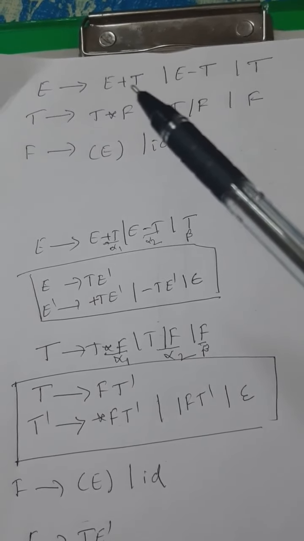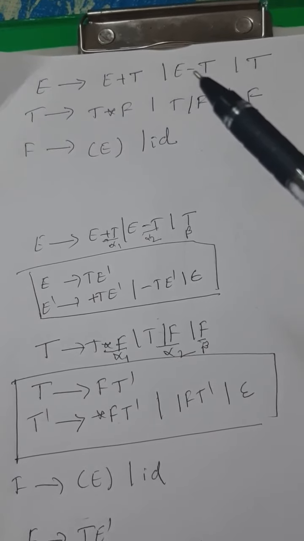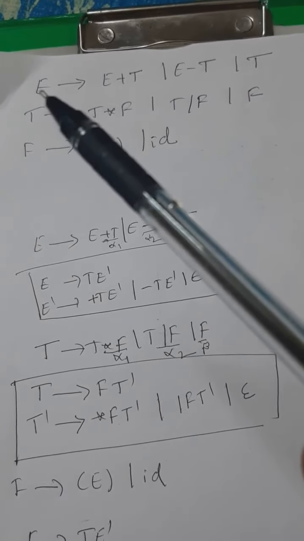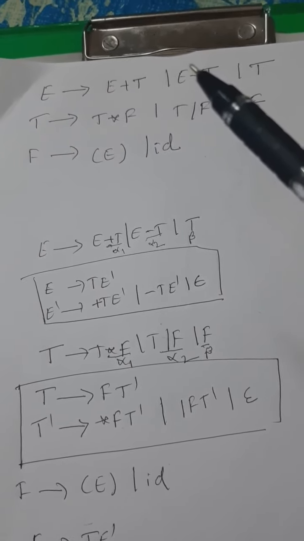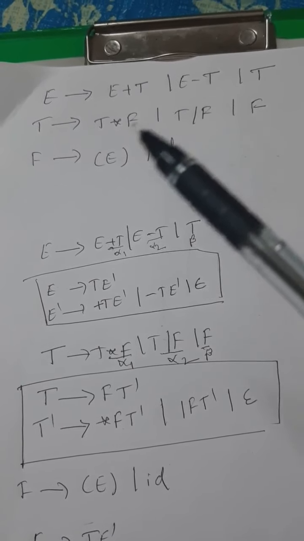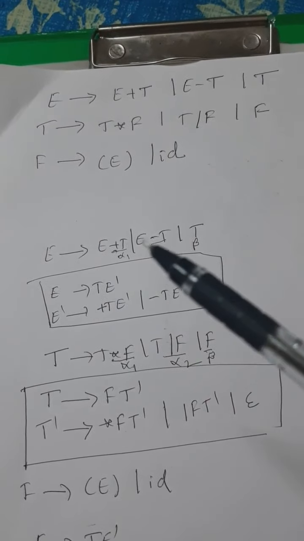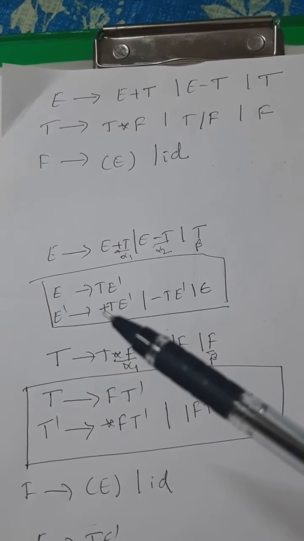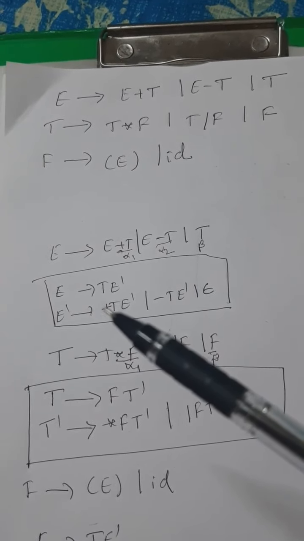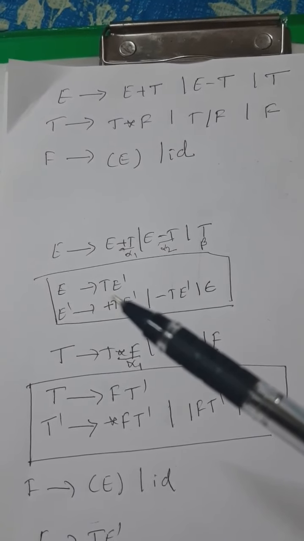Among these 3 productions, 2 have a left recursion because E is a grammar symbol and E occurs as the first symbol in this production as well as in this production. So I will take these productions separately and rewrite them by applying the formula shown previously.